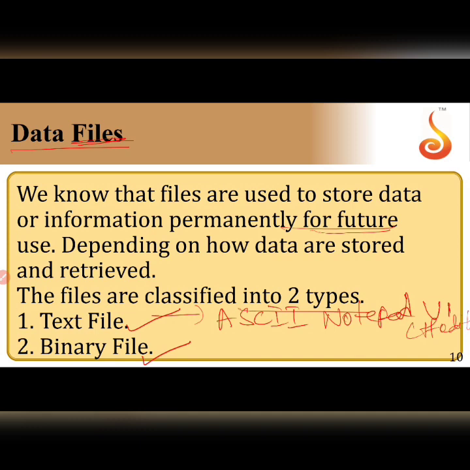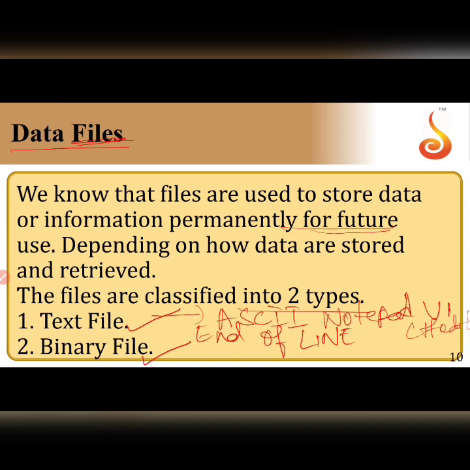In a text file, each line contains 0 or more characters, and each line is terminated or delimited with the end of line character. So if you want to read till the end of line, you need to read until the EOL character.